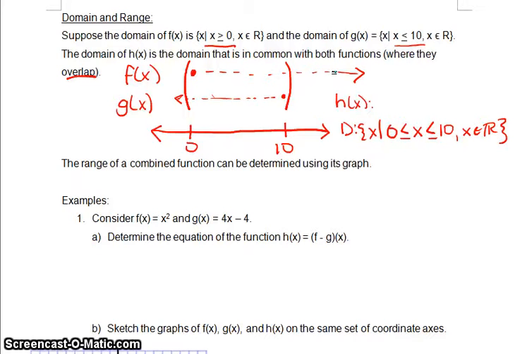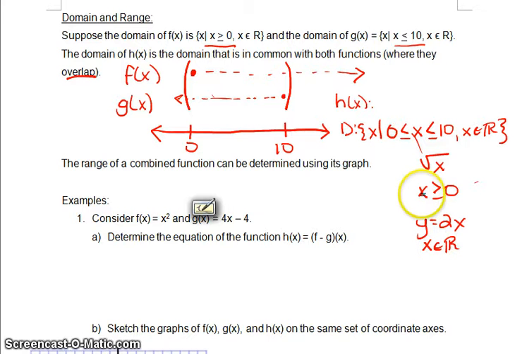You can take two functions, maybe even take, say, the square root of x. x must be greater than or equal to 0. And then you can take, say, a regular function, say y is equal to 2x. And what you'll notice is that wherever the overlap is between the two domains, this one here is x is an element of all real numbers, so that overlap is where your domain is going to be for your h of x.